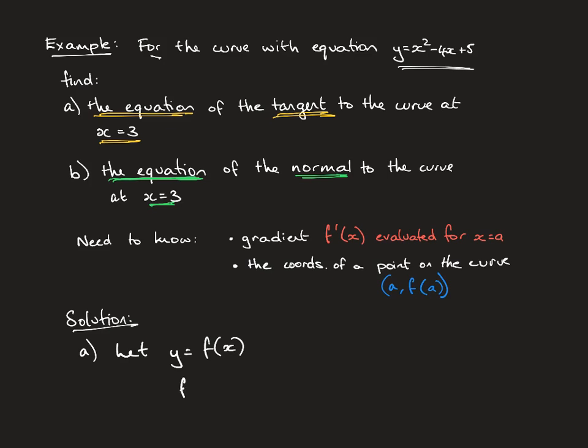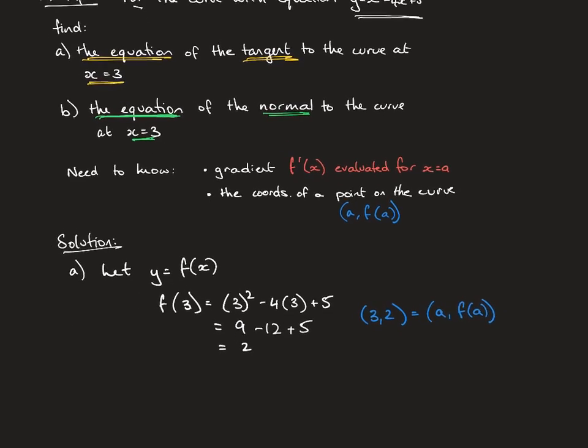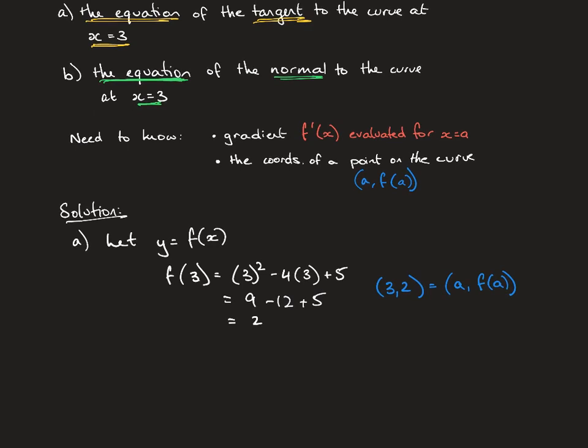And so now we're looking for f of a, f of 3, which is 3 squared minus 4 times 3 plus 5, which simplifies down to 2, which means that the point x is equal to 3, y is equal to 2 is on the curve and will be our a, f of a. So now let's find the gradient of the curve.